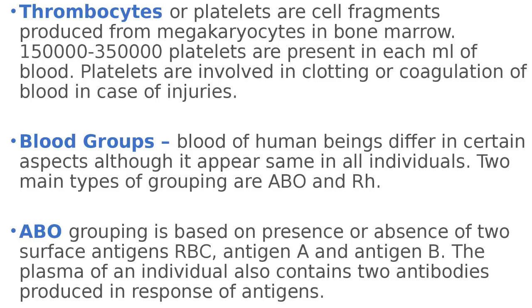Next, we will talk about the blood groups. As you know, all human beings are different from each other. You can say it is look wise, behavior wise, or blood group wise. There is something different in all individuals.